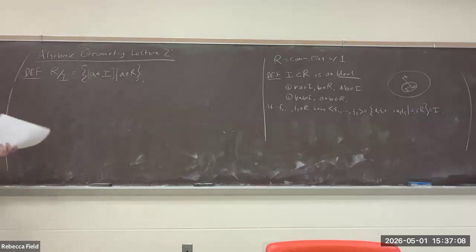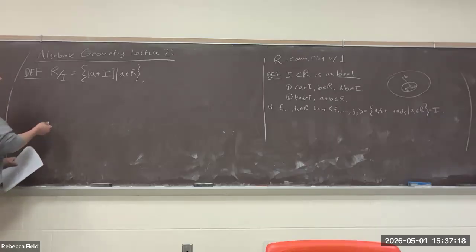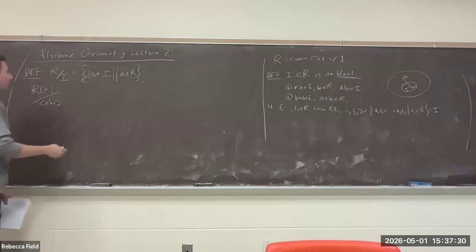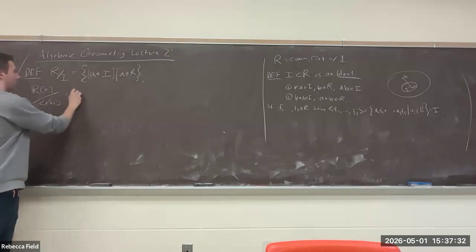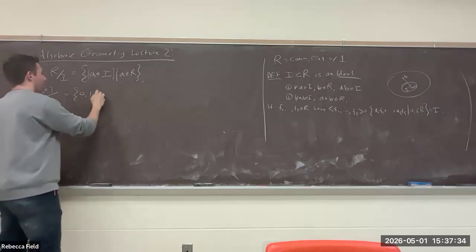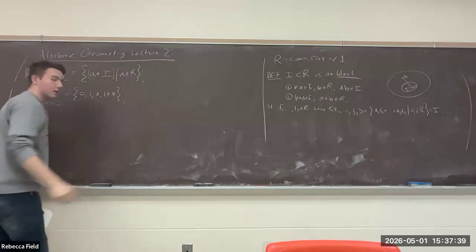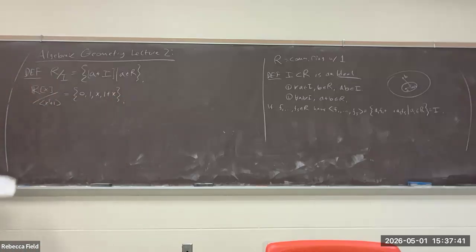The fast example that I'll give, and that we'll prove something about in a second, is that R adjoin X mod the ideal X squared plus 1 is going to look like 0, 1, X, and 1 plus X. And then we're going to prove something cool about this in a second.